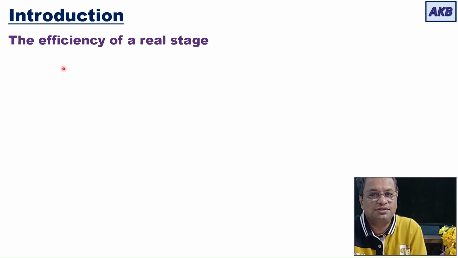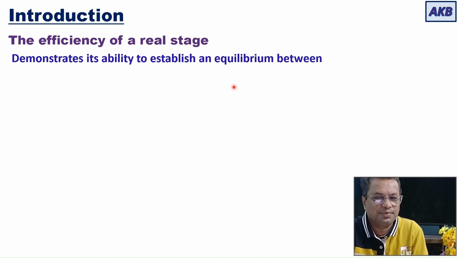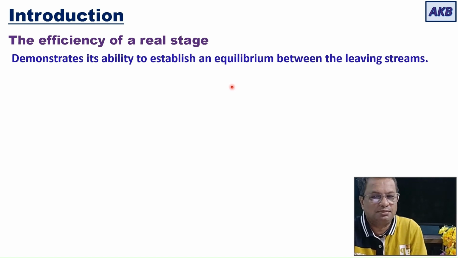So the efficiency of a real tray demonstrates its ability to establish an equilibrium between the leaving streams. How well an equilibrium is established between the leaving streams tells you about the efficiency of a real stage.